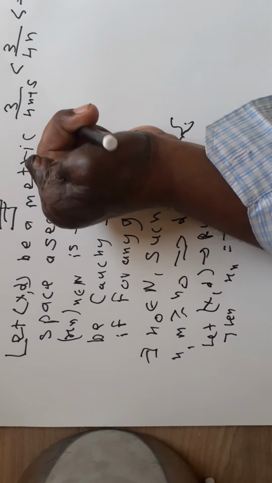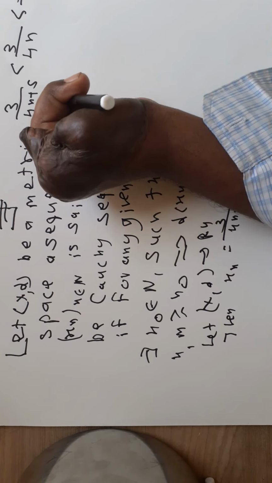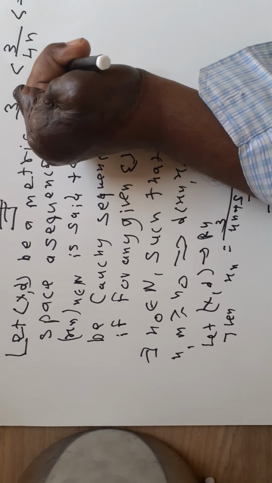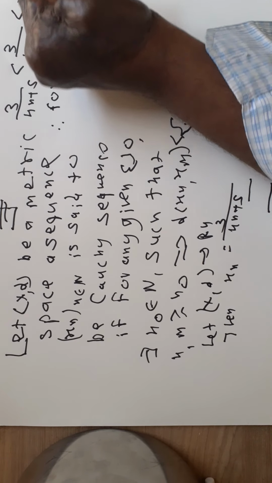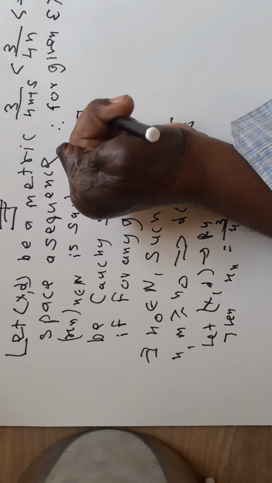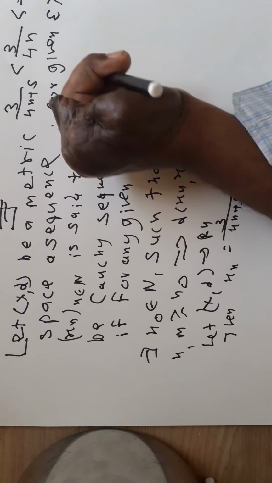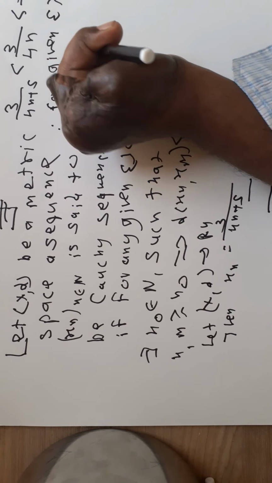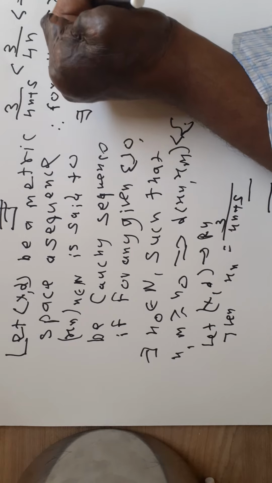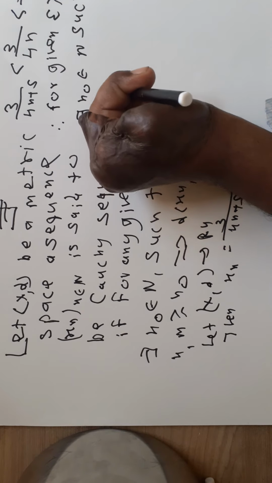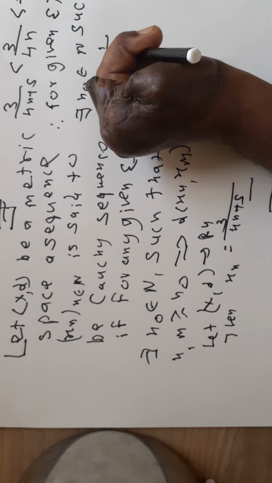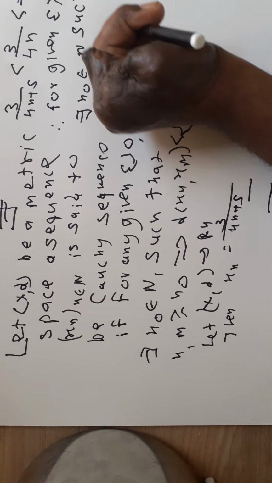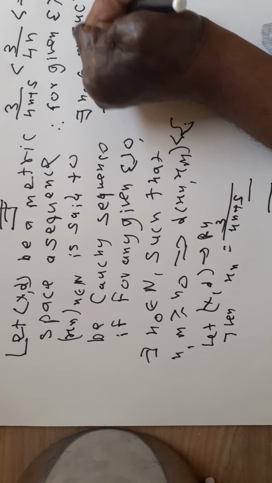Therefore for any given epsilon greater than 0, there exists n0 belonging to N such that 1 upon n0 is less than epsilon by 3.